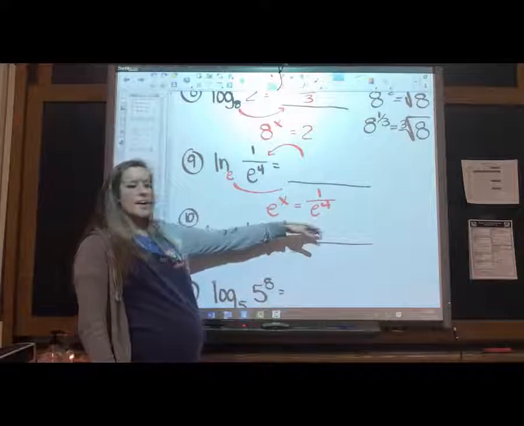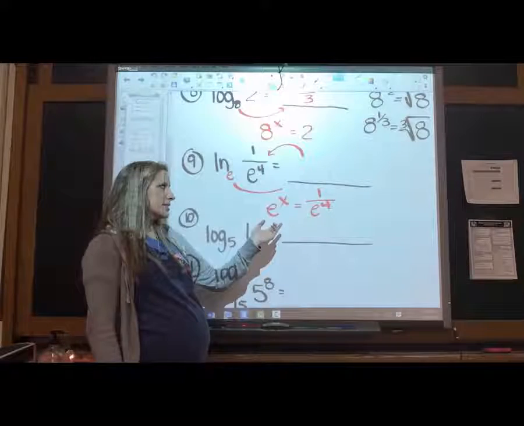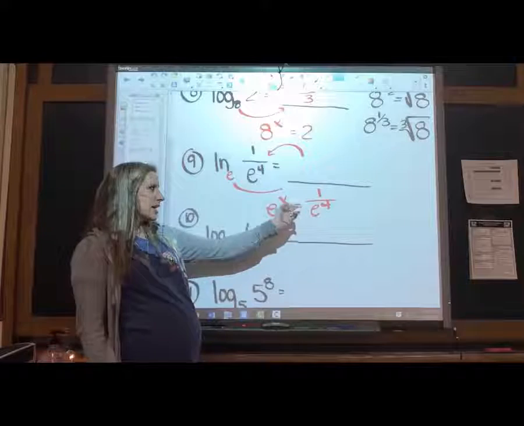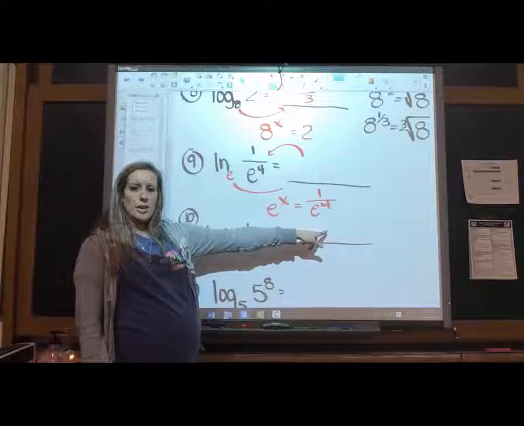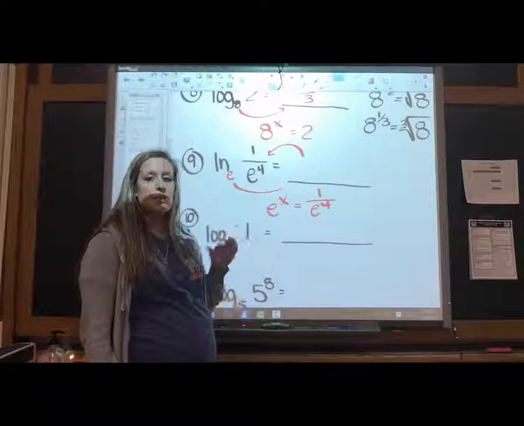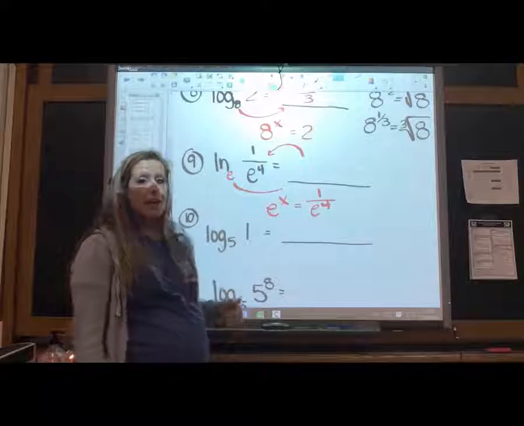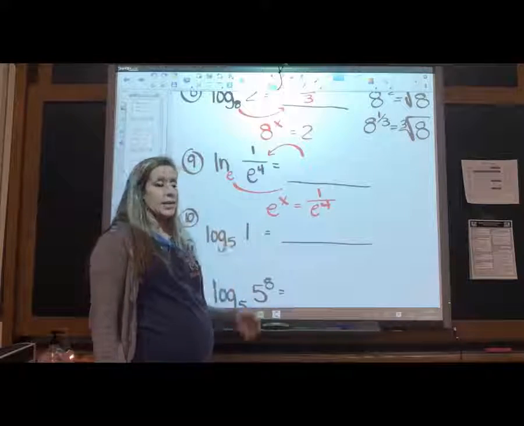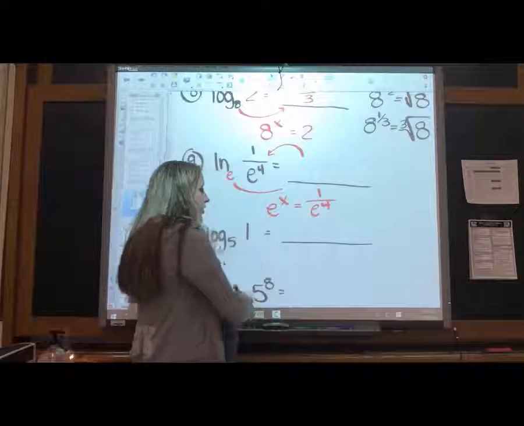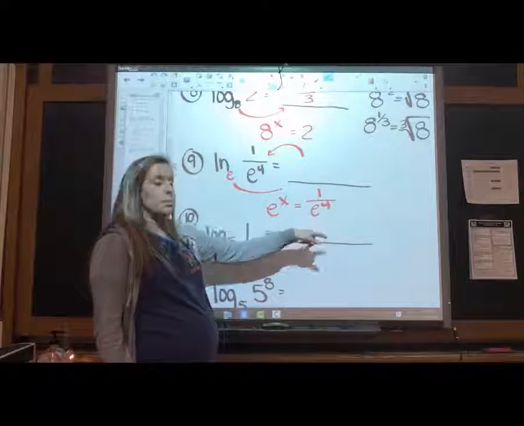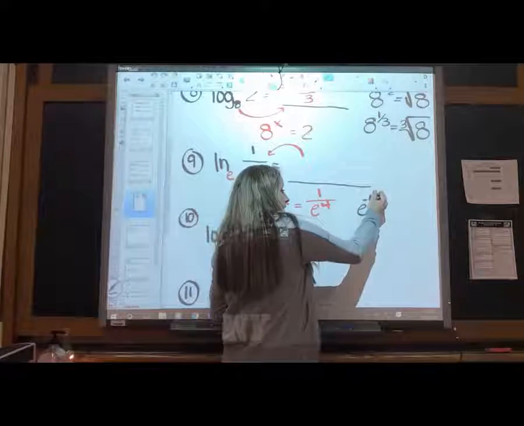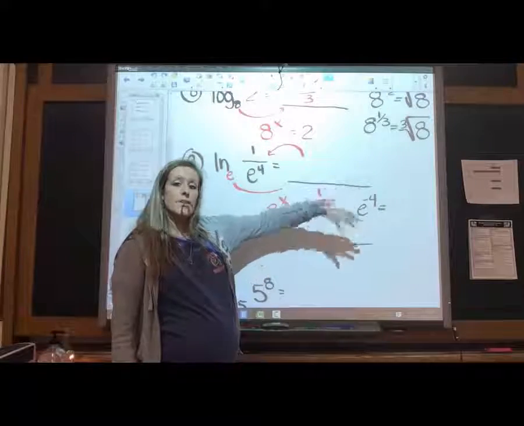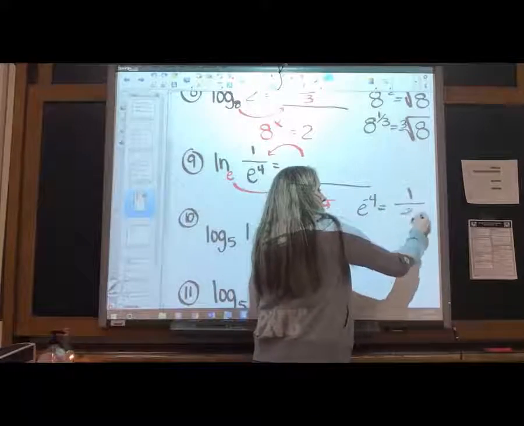If I have an answer that is flipped, if it's in a fraction, and now it's in the denominator, see how that e moved to the denominator? If it's flipped like that, you're going to have a negative exponent. You have to remember those laws of exponents from the beginning of the year. So if I want to get e to the 4th in the denominator, I'm going to have a -4 as an exponent. Okay, the negative is going to flip it, and so that e to the 4th is on the bottom.